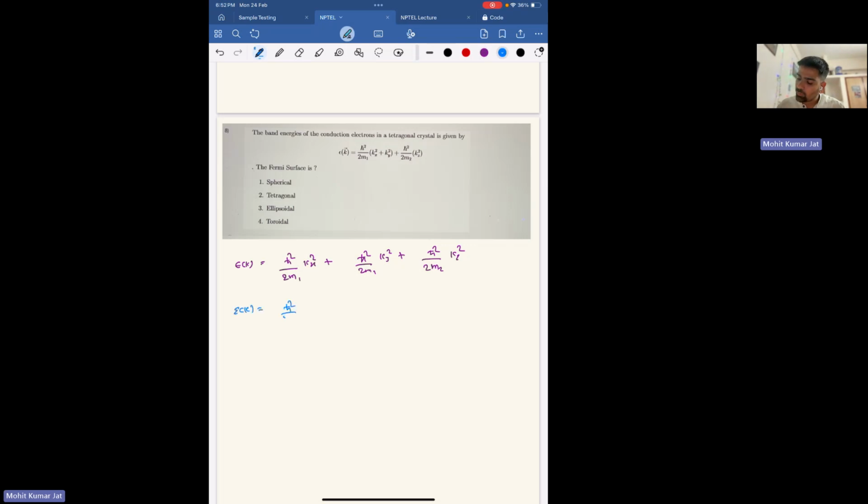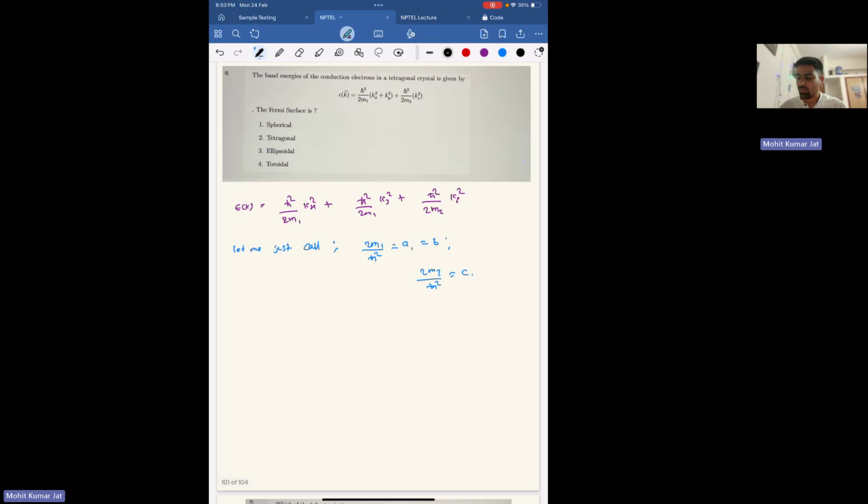Let me just call 2 m1 by h bar square equals a square, 2 m1 by h bar square equals b square also, and 2 m2 by h bar square equals c square.